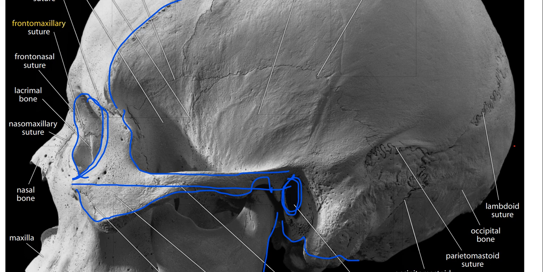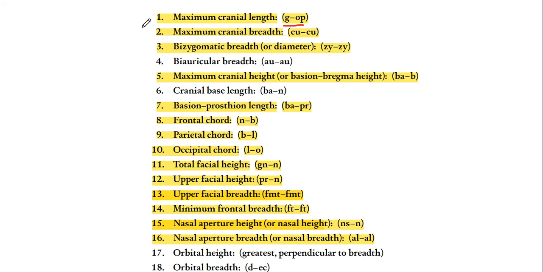So if I ask you only to define the measurement, say define maximum cranial length, what you are going to write is: this is a linear measurement from glabella to opistocranium when the skull is oriented in the mid-sagittal plane, glabella being the midpoint at the mid-sagittal plane, and opistocranium lying at the most posterior point, located by sliding the calipers up and down to get the maximum projected point.